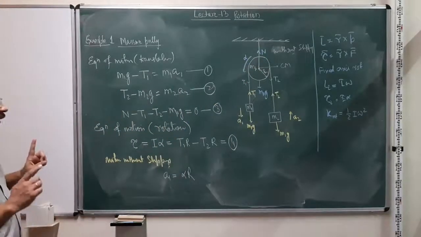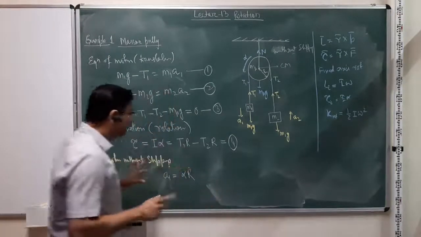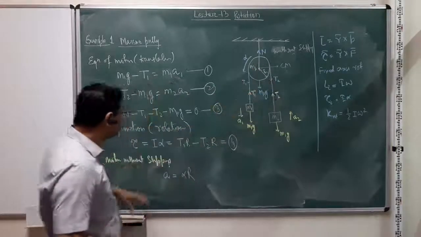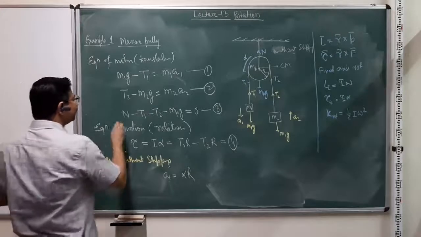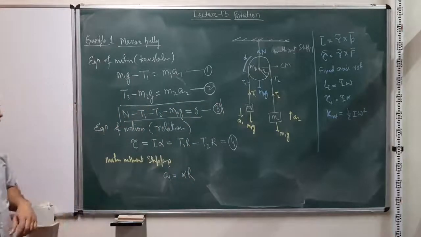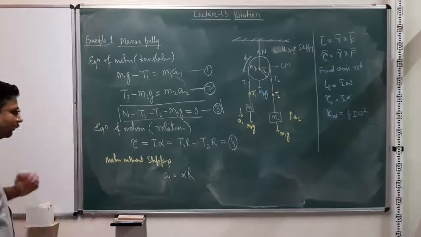Now one thing that we can still simplify in this entire scheme: if we take this as A1, this as A2, T1, T2 and then alpha, we still have only 4 equations, because as I said, this one is a redundant equation. It is not going to give us any new information, right?